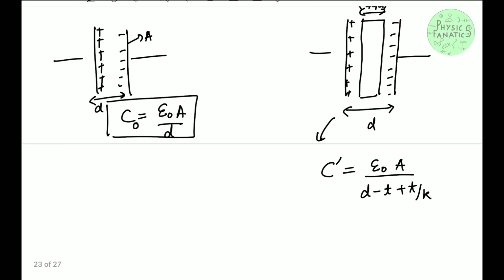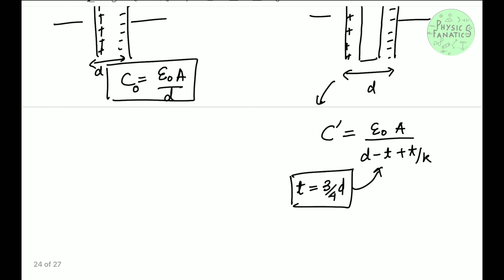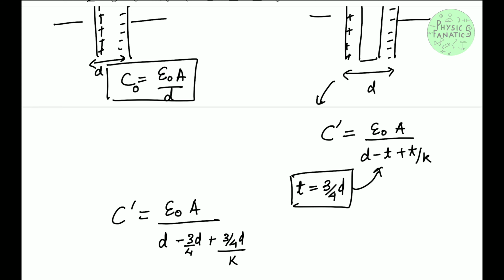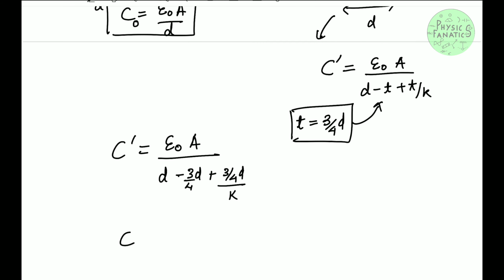In this situation the thickness t is given as 3 by 4 times d. So I put the value of thickness there and solve. C dash is equal to epsilon naught times A upon d minus 3 by 4 d plus 3 by 4 d upon K. Let's solve it further.